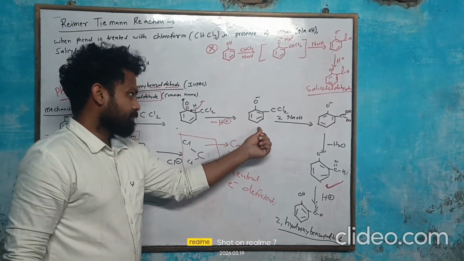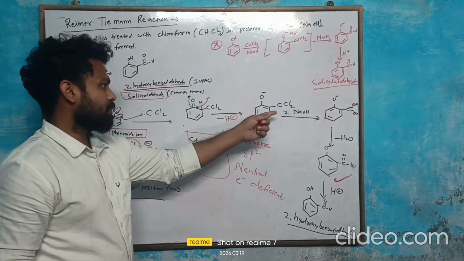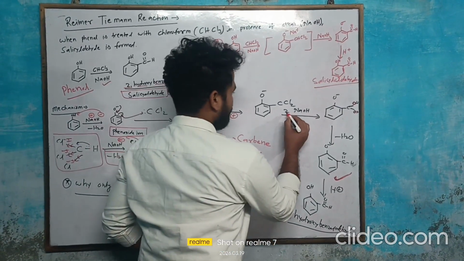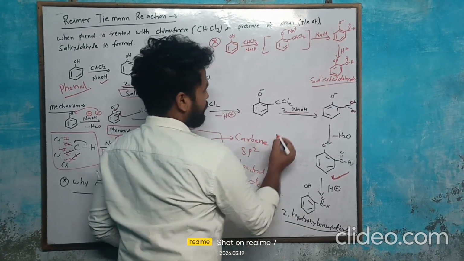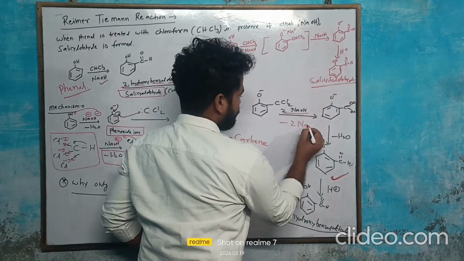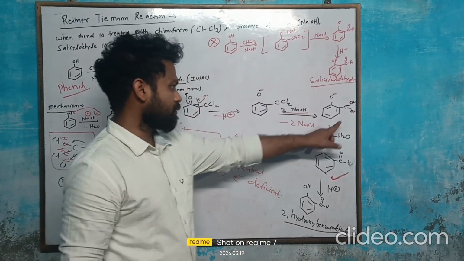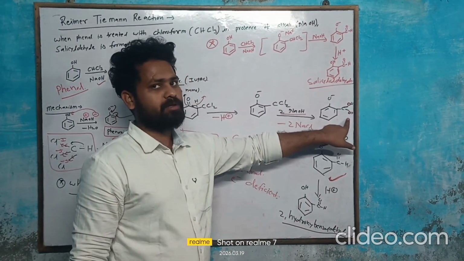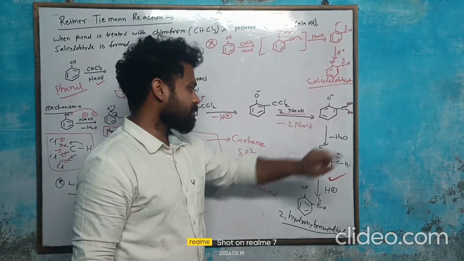This type of compound is formed with the help of NaOH again. There will be 2 NaCl removed, and 2 hydroxyl groups will be introduced on the carbon atom. This is also very unstable.